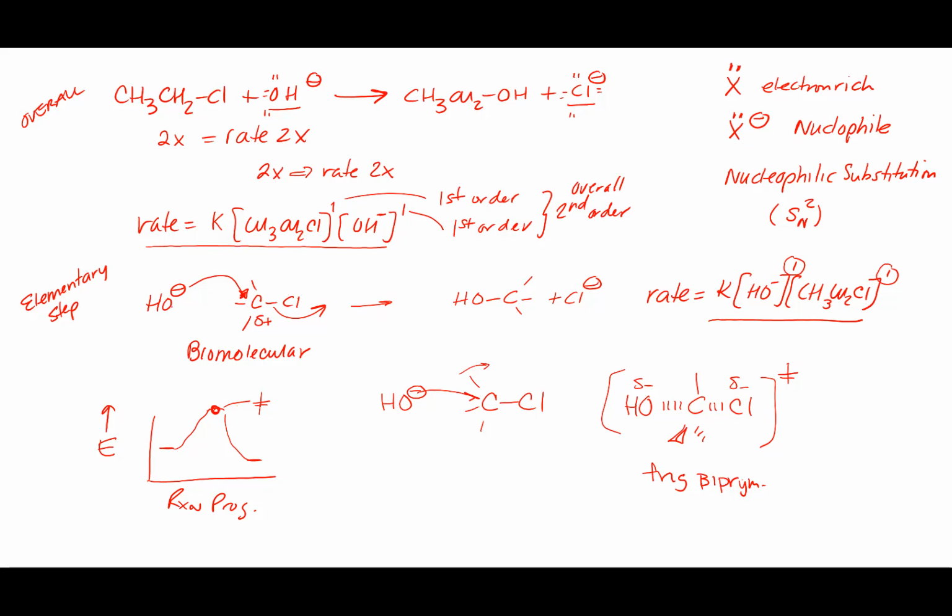So oxygen going from -1 to 0, delta minus, chlorine going from 0 to -1, delta minus as well. So this is what that reaction looks like. And there's more evidence. Do I know that this hydroxide attacks from what we will call later on the backside? Yes, I know that is the case because of stereochemistry.